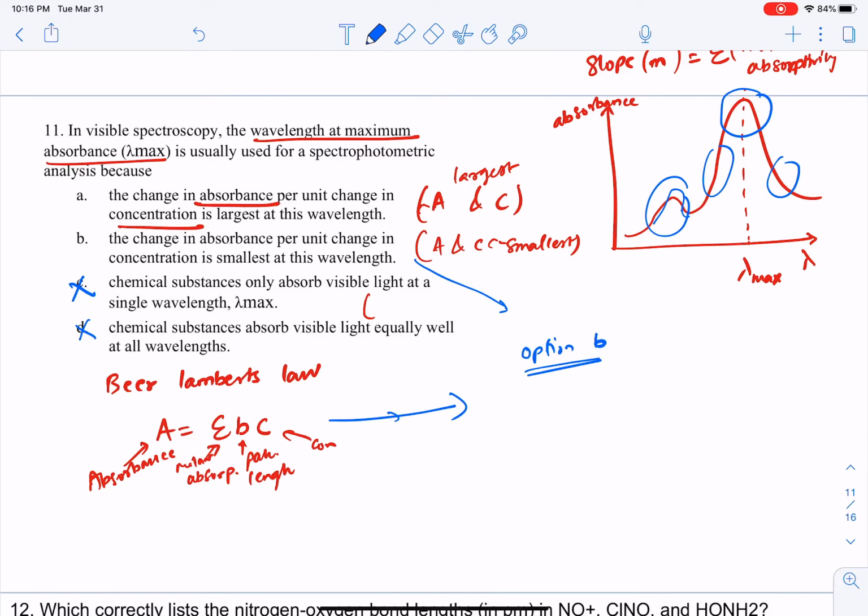But if you remember, our goal of doing the spectrometric analysis was to measure concentration. So the goal was this concentration measurement.